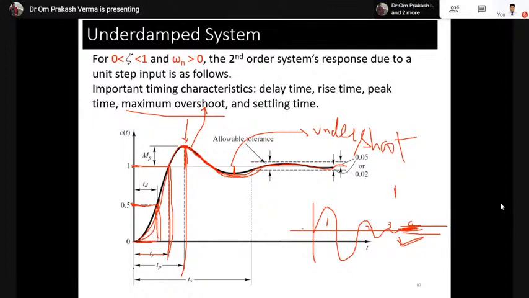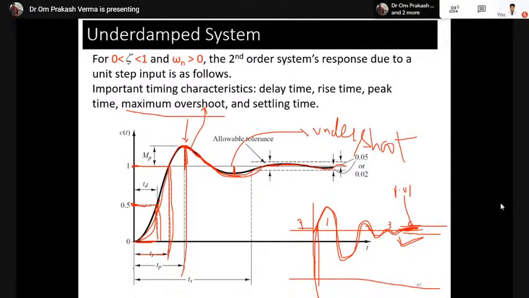Let's say one is your final set point, and we achieve the response like this one. Okay, and the final value is, let's say, 1.01.